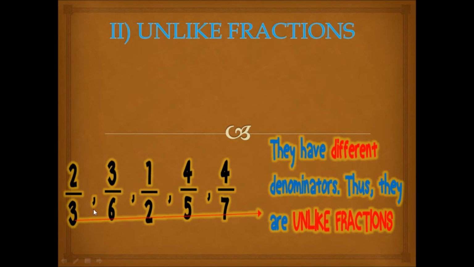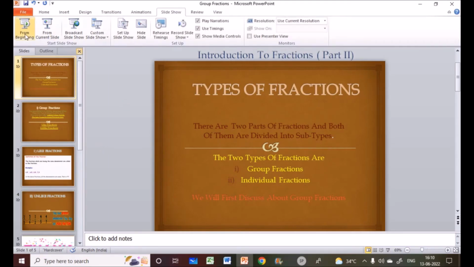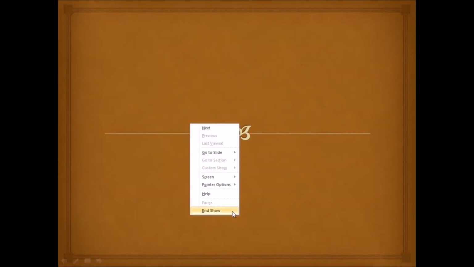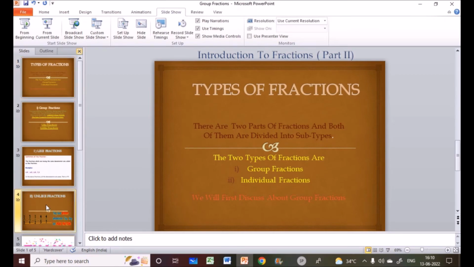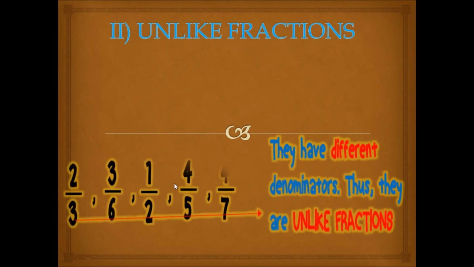There are different denominators here: 3, 6, 2, 5, and 7. They don't have any same denominators. They have different denominators. Thus, they are called unlike fractions.